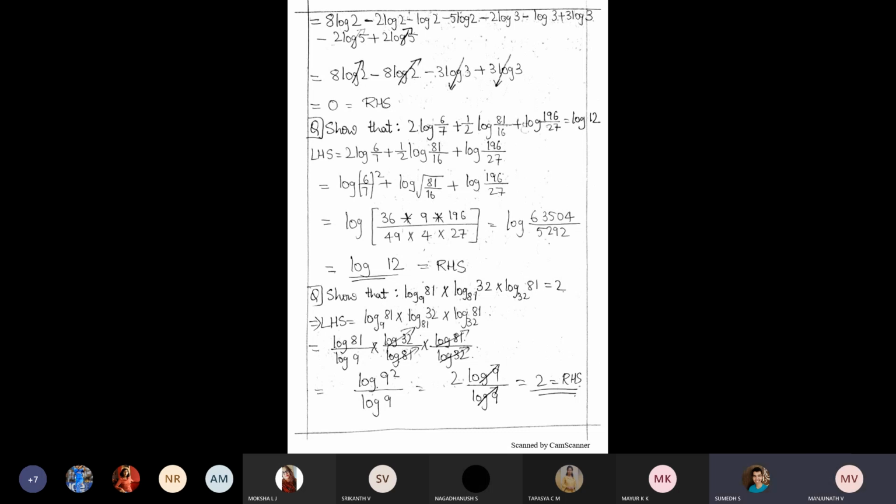It's simple. Only one law we are applying. That's it. Understood. It's simpler than the last problem. Very simple. Very easy.